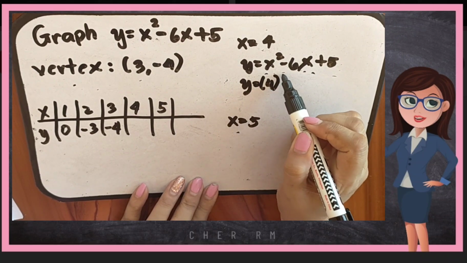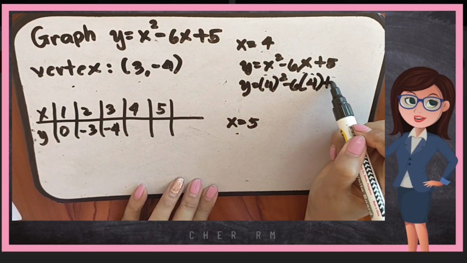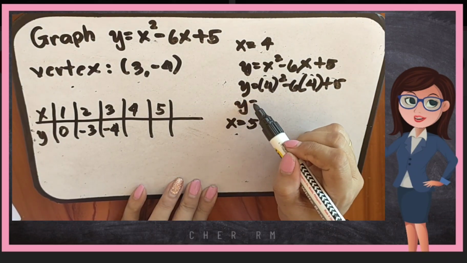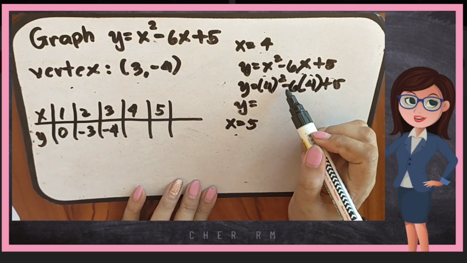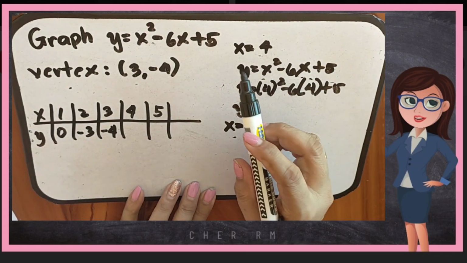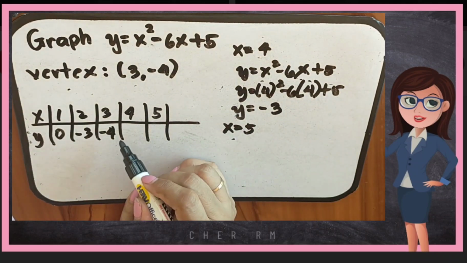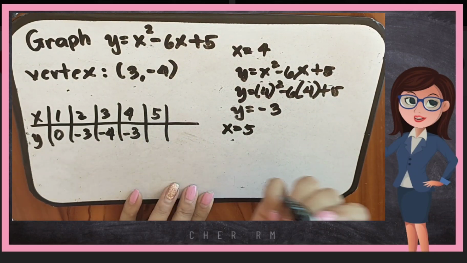We have 4 squared minus 6 times 4 plus 5. The value of y is 4 squared, which is 16, minus 6 times 4, which is 24, plus 5. So if x is equal to 4, then y is equal to negative 3. Let us write negative 3 here.